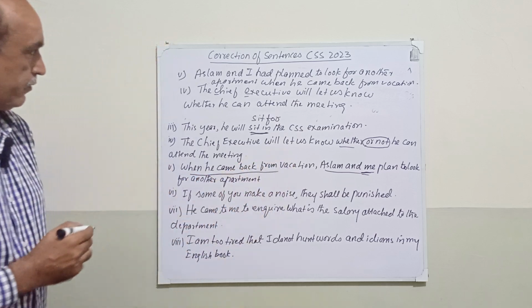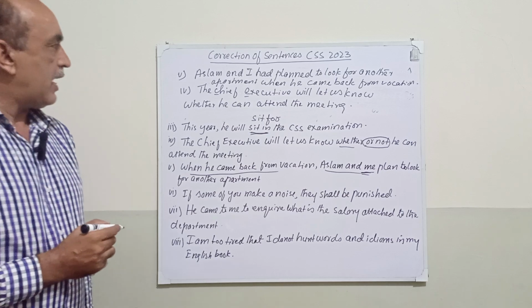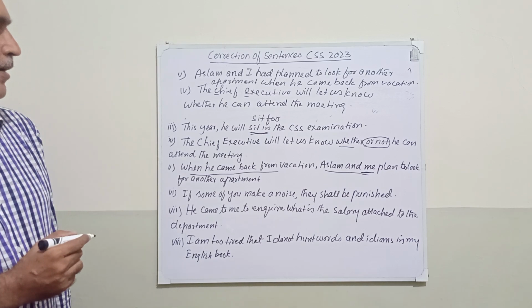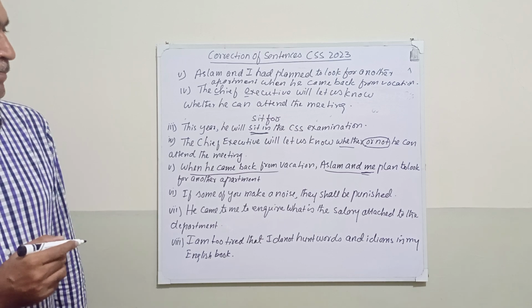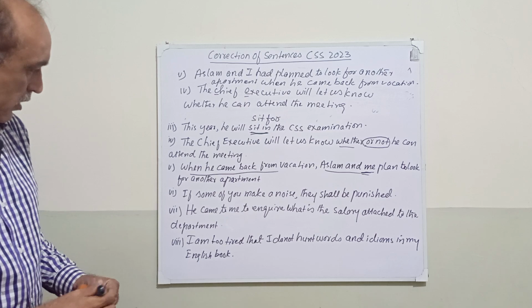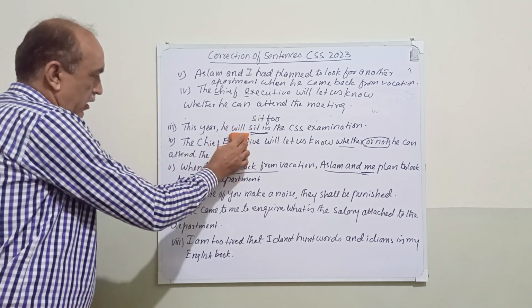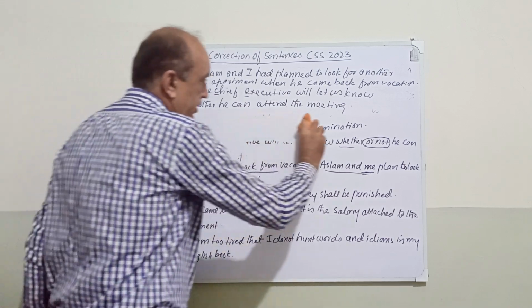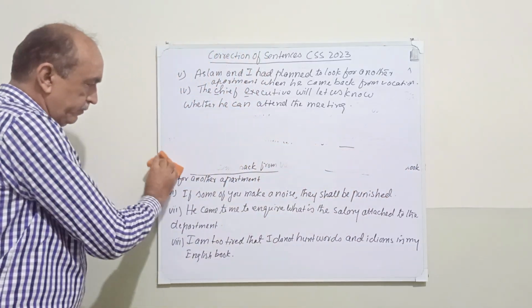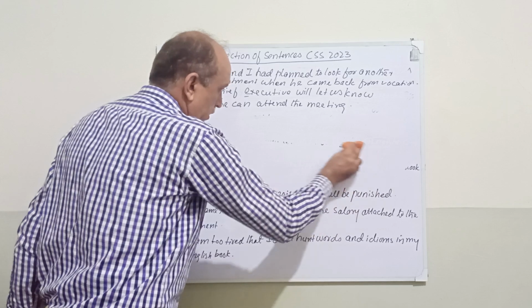So here we have written it: Aslam and I had planned to look for another apartment when he came back from vacation. As you see, we have changed this sentence.